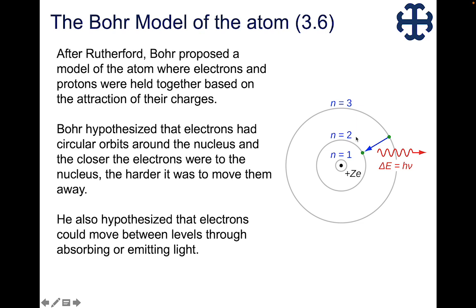And electrons can move between the shells by either absorbing or, in this case, emitting electromagnetic radiation, meaning that in order to go from a higher level to a lower level of energy, you need to get rid of some of that energy, and that energy is going to be equal to Planck's constant, which is h there, multiplied by the frequency, which is that ν symbol there. Okay, and that is how we would determine our energy.